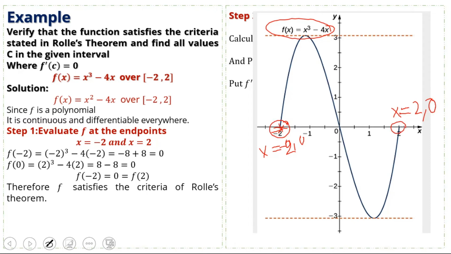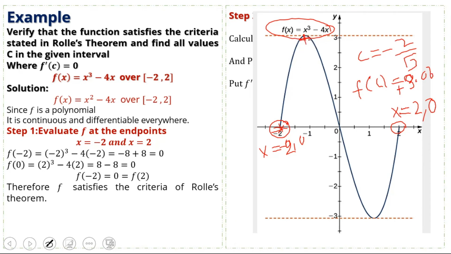Now when c is equal to minus 2 divided by under root 3, the value of the function at this c is plus 3.08, and this is the point.